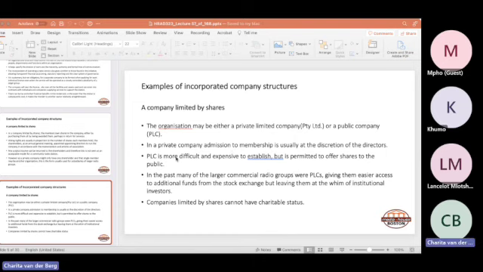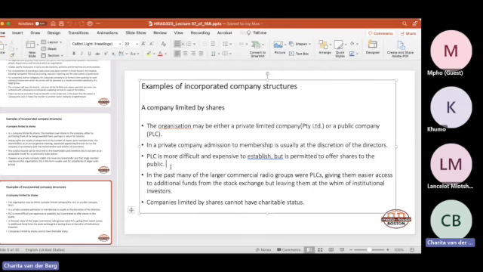But in a public company, it's more difficult and expensive to establish, but it's permitted to offer shares to the public. So if you have a company like, for instance, MultiChoice, you will have a PLC because the public can buy shares. In a private company, no one can buy shares, or the directors need to give you the option, but it's not open to the public.